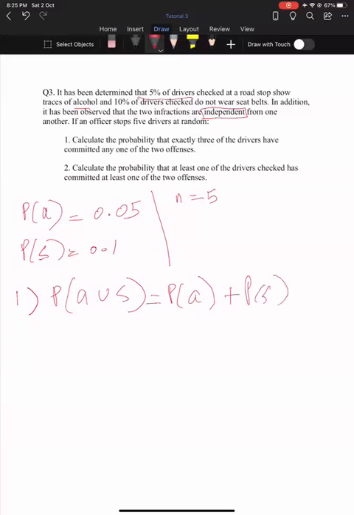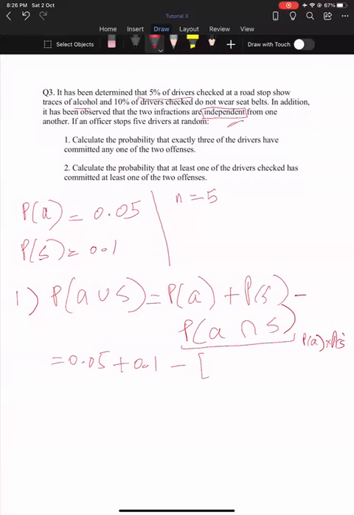And since it is mentioned that the two observations are independent from one another, P(A) is 0.05 plus 0.1 minus, we know that for independent events it just becomes P(A) times P(S). So that's what we do here, 0.05 times 0.1.